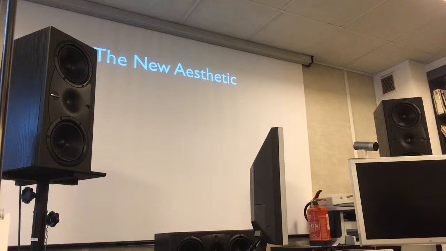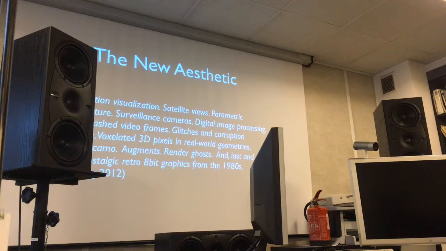I think there are elements of this in the new aesthetic, which was in fashion a few years ago. The new aesthetic was a blog, or is a blog, which included the following: information visualization, satellite views, parametric architecture, surveillance cameras, digital image processing, data mesh video frames, glitches and corruption artifacts, voxelated 3D pixels in real-world geometries, dazzle camo, augments, render ghosts, and last and least, nostalgic retro 8-bit graphics from the 80s.